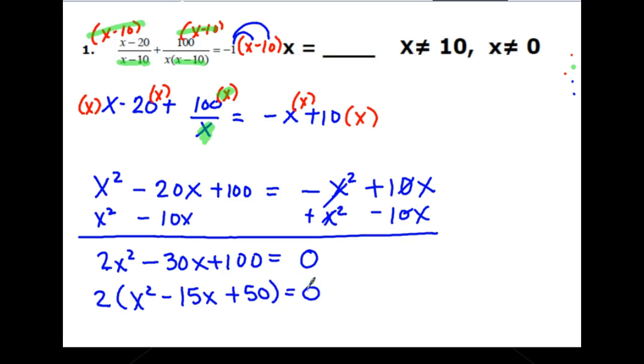So now I need the factors of 50. The factors of 50 that are going to add up to 15 would be 5 and 10. So this is going to be x minus 10, x minus 5 equals 0. So what are my answers?